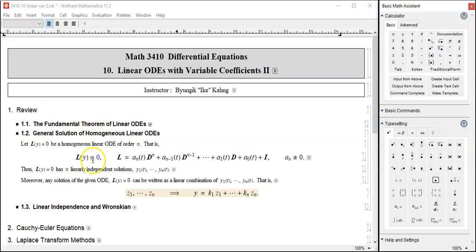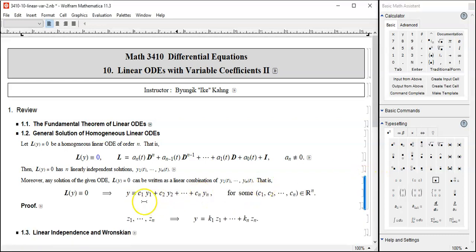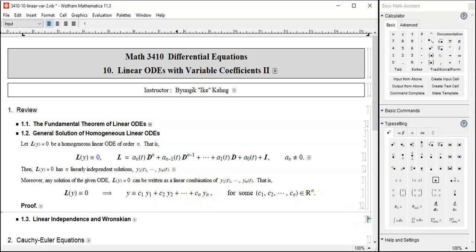What is this theorem 1.2 talking about? It does not matter which method you employ to find n linearly independent solutions. Once you get n linearly independent solutions, that's it. They will give you the general solution. Whether the general solution will be in this form, k1z1 plus dot dot dot, all the way over to knzn, or like this, it doesn't matter.